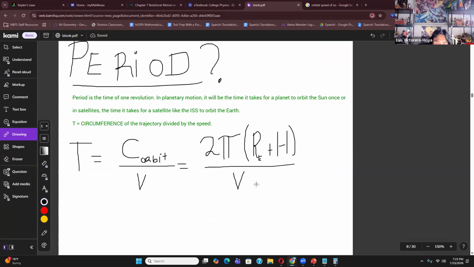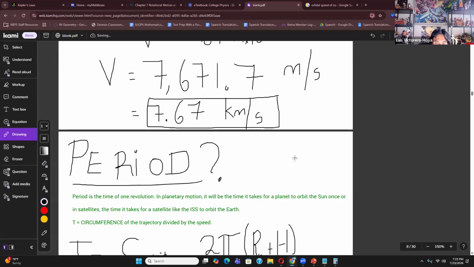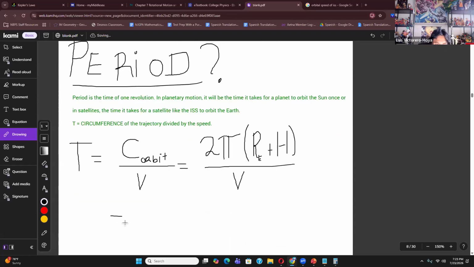You know what? Let's use V in kilometers per second because look what's going to happen. I can leave this in kilometers. Radius of the Earth is 6,371. The height is 400, so 6,771 kilometers.